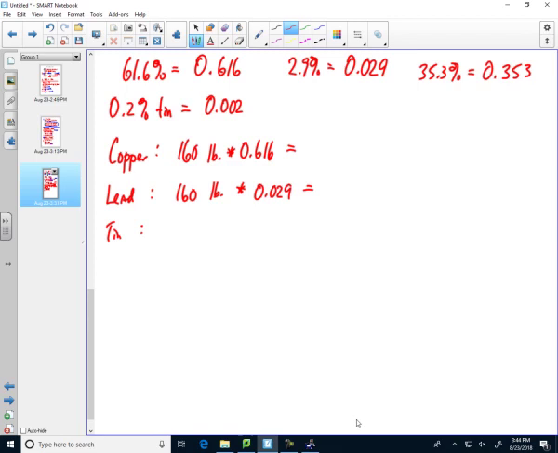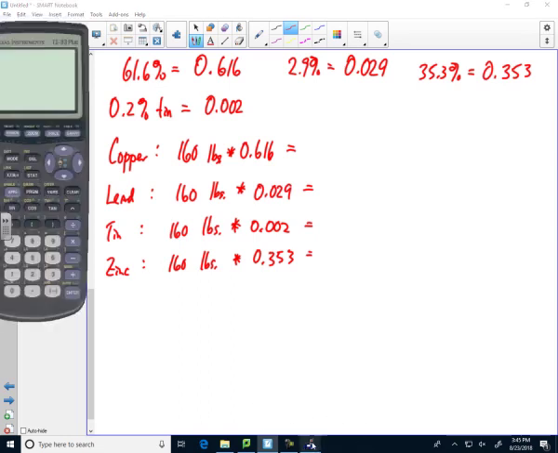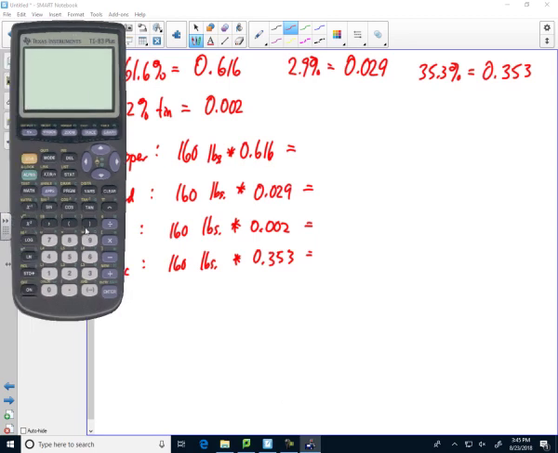The tin is 160 pounds times 0.002, and finally zinc is 160 pounds times 0.353, wasn't it? Okay. Calculator.